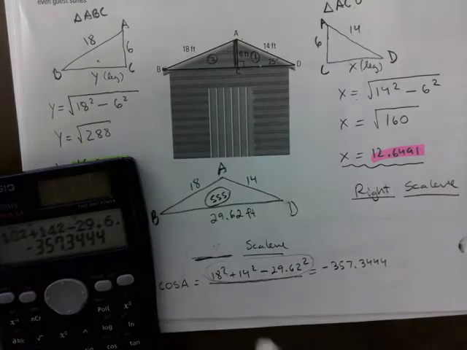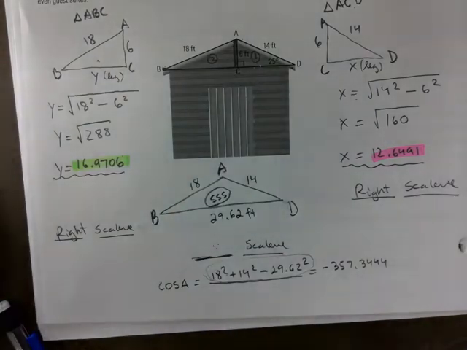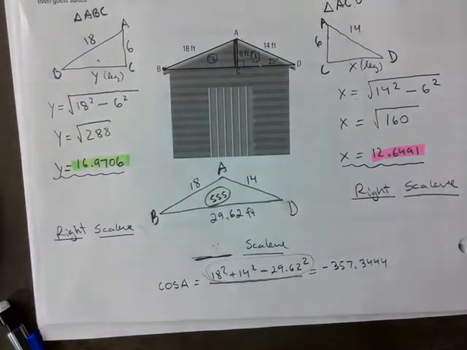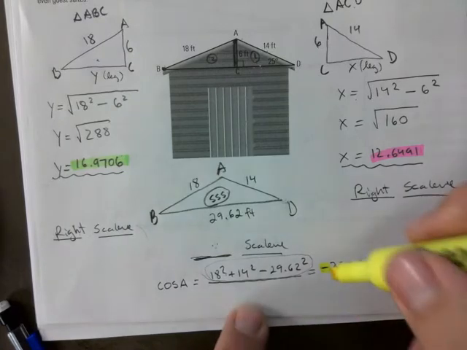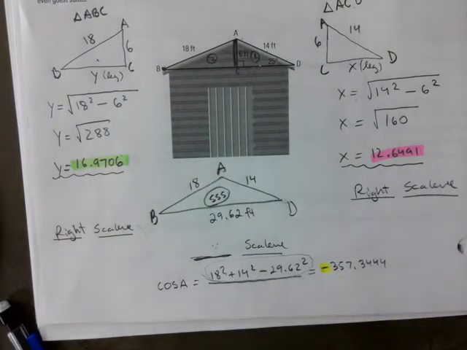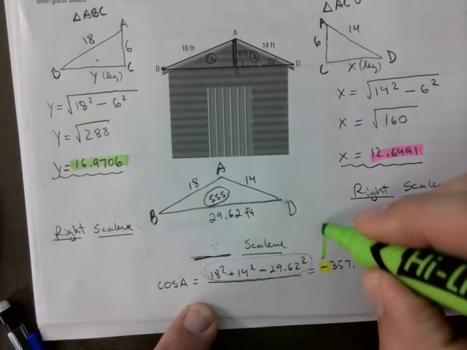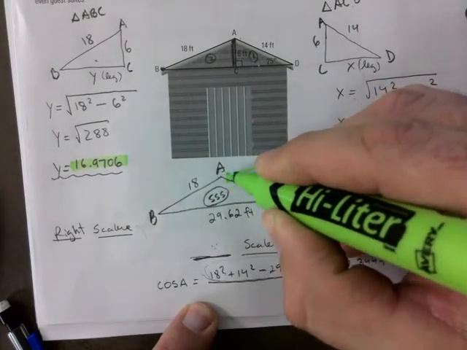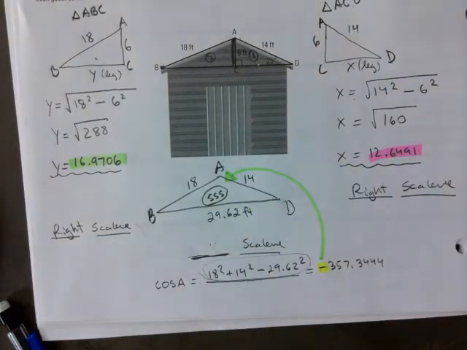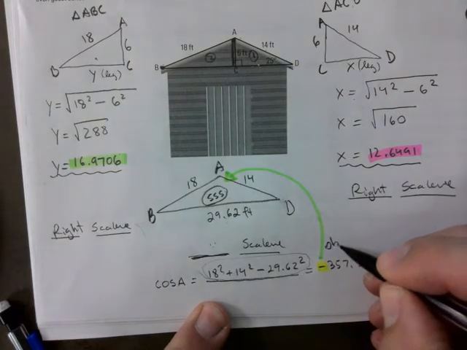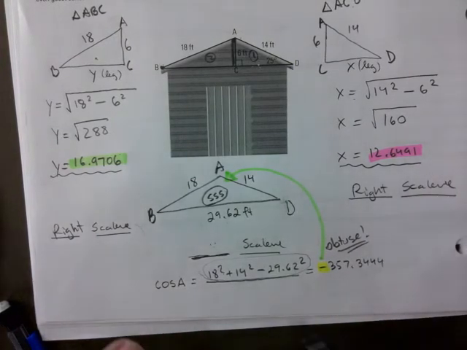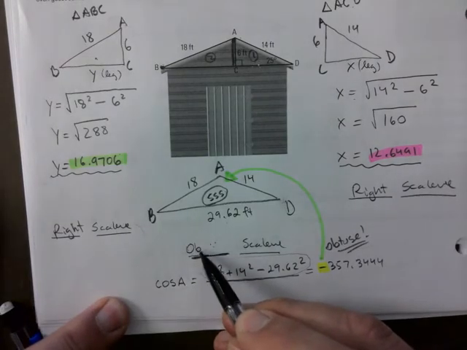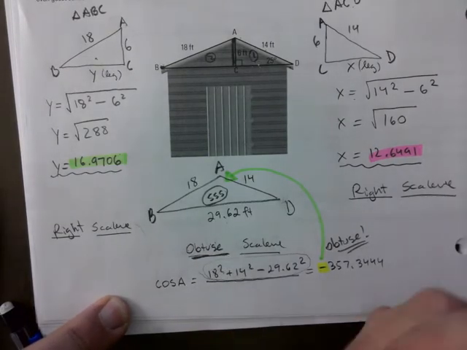Negative 357.344. Do you have a highlighter? This is the highlight of today's lesson. Right there. That tells me that that angle is obtuse. I allow you to do that.